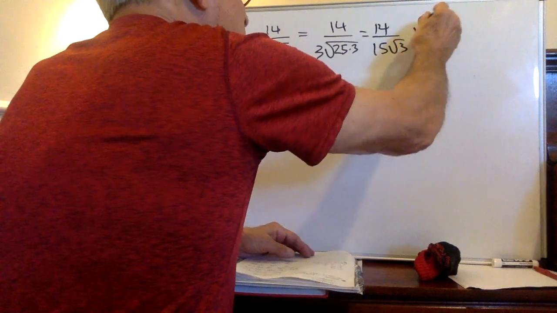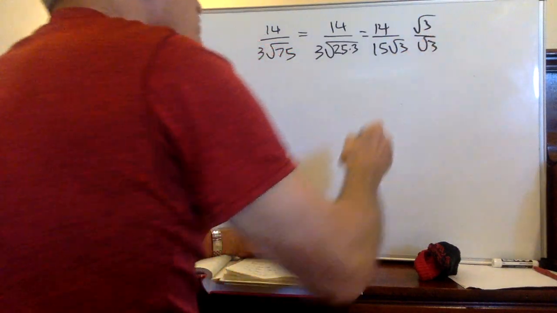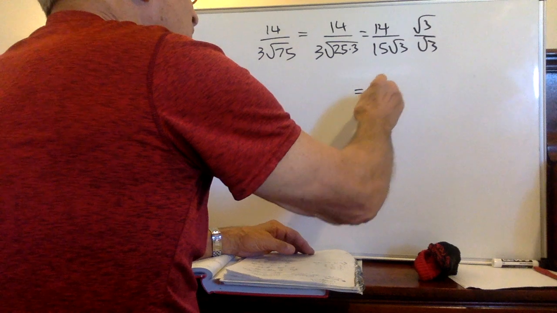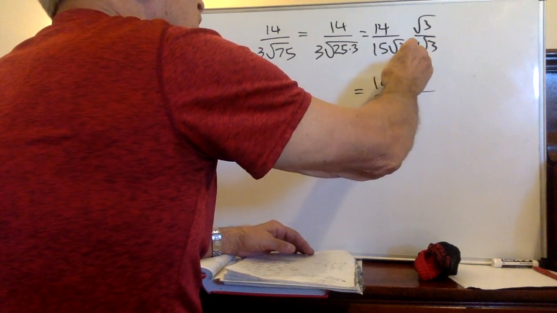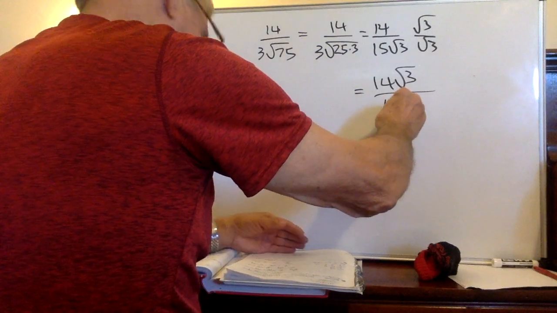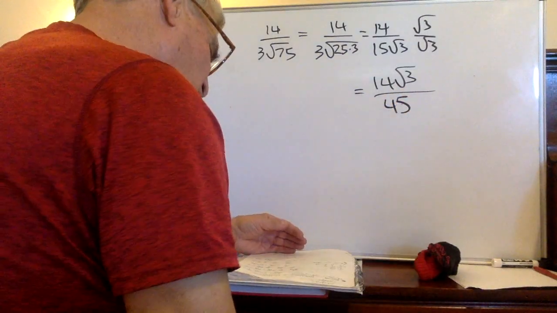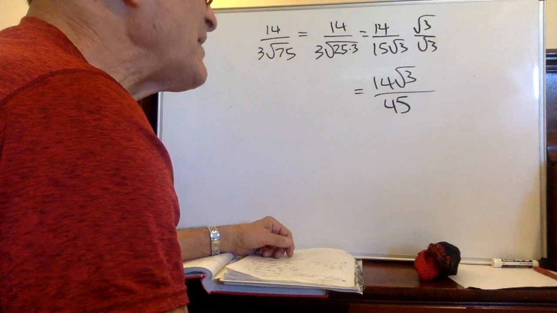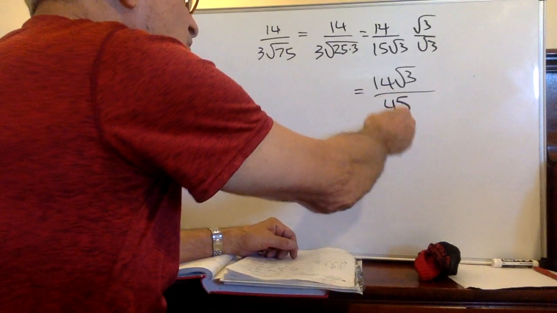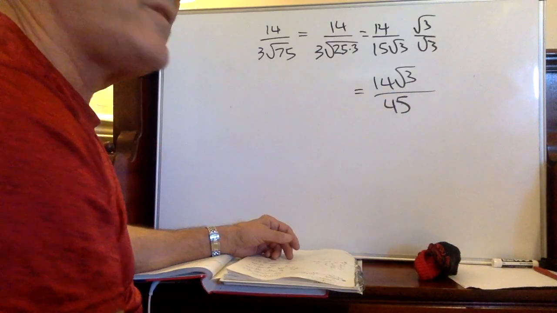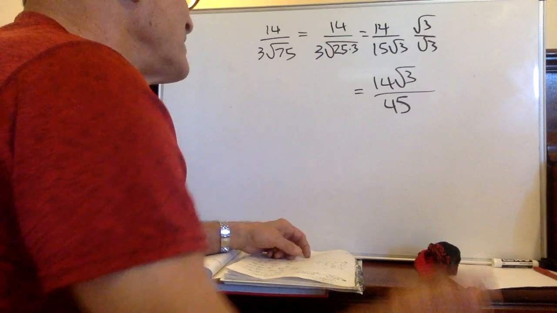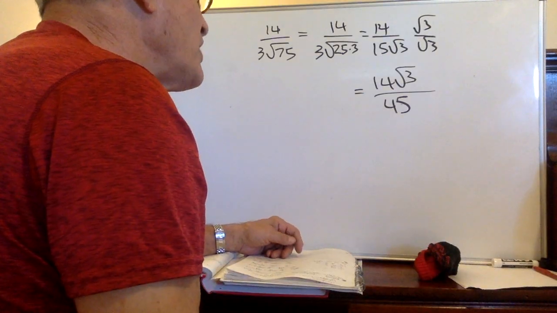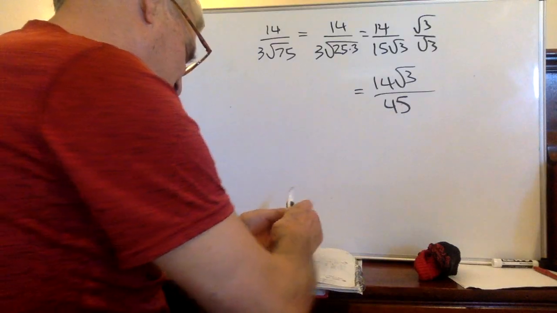And then rationalize, multiplying by root 3 over root 3, and I get 14 root 3 over 45. 14 root 3 over 45 is simplified. 14 over 45 is irreducible, no common factors.